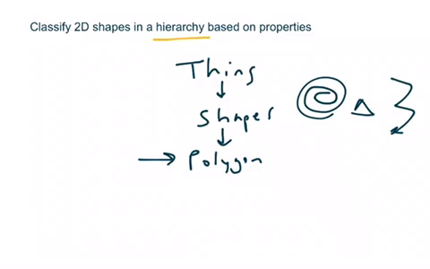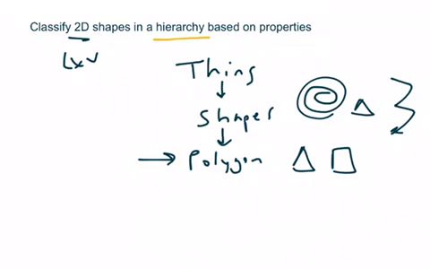So that means a circle cannot be a polygon, but a triangle could be a polygon, a quadrilateral could be a polygon, and so forth. It has to be 2D too, it has to be flat. There are no cones or prisms in a polygon. They're all two-dimensional. They only have a length and a width.